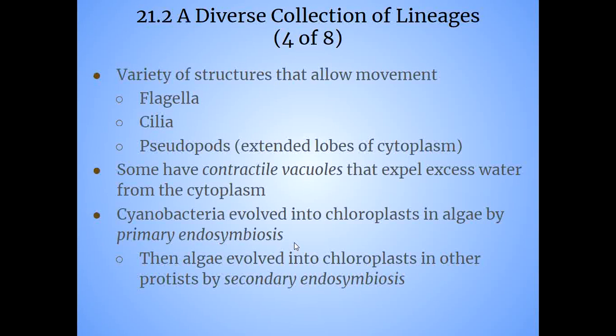Some protists have vacuoles that they will basically suck in a lot of water and then squeeze down, expelling that water, and it allows them to kind of shoot forward. The best example I could give you would be like air in a balloon, and when you let go of that balloon, the balloon goes forward and kind of goes all over the place.